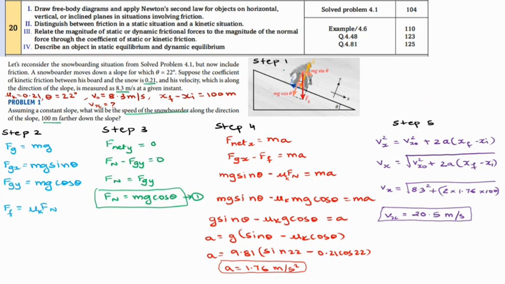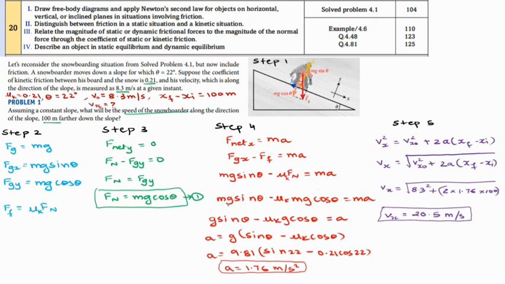My object is accelerating along the x-axis, so I will write my F net equals m into a. Whenever you have acceleration, you write it as m into a. Along the x-axis, I have Fgx and the force of friction. So Fgx minus force of friction equals m into a. Fgx is mg sine theta. Force of friction is mu k Fn, and Fn is mg cosine theta.